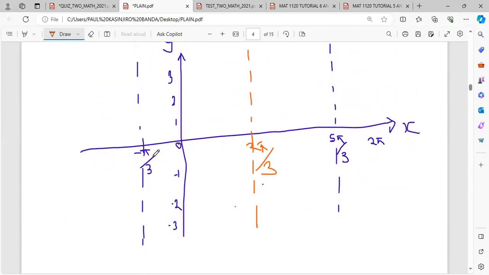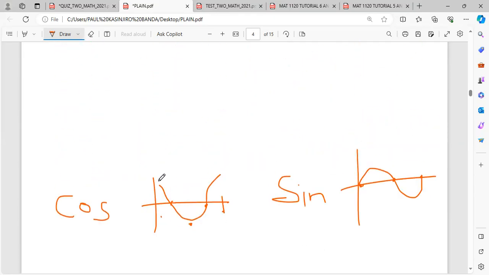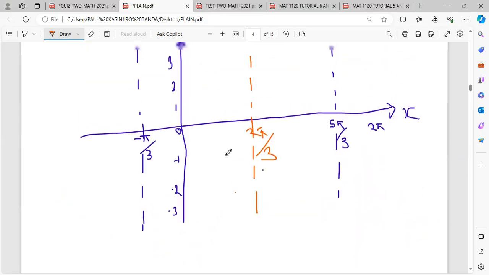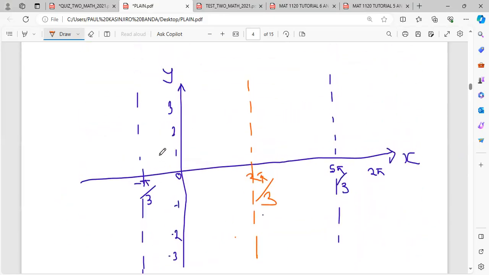So here, this is what I was saying. The starting point is this, then the end point is this, and this is our middle value. And we said, how is the graph for sine? For cos, it's just like that. So here now you come and plot that graph.